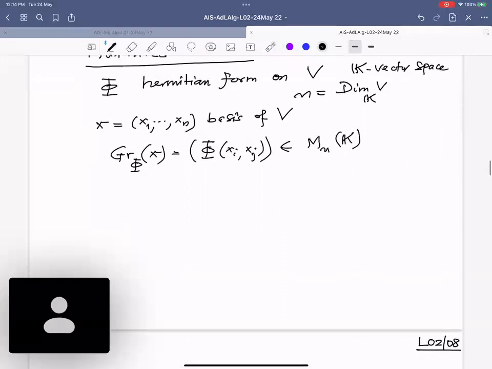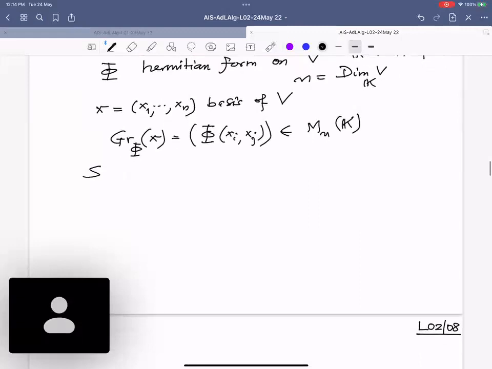And now I want to put some assumption. So suppose that the principal minors of this Gram matrix, what are the principal minors?